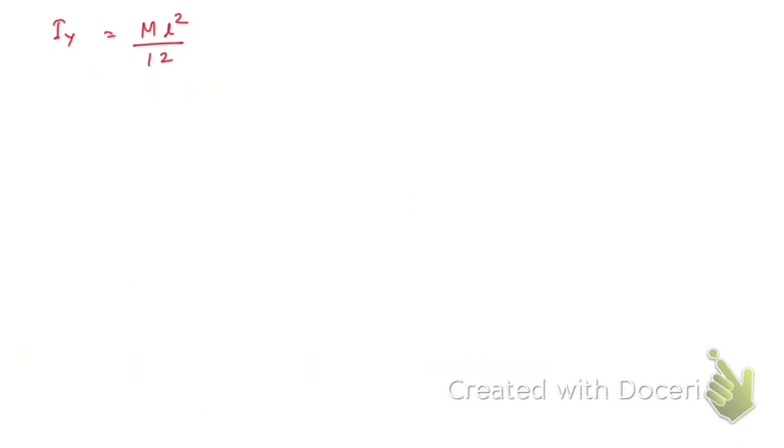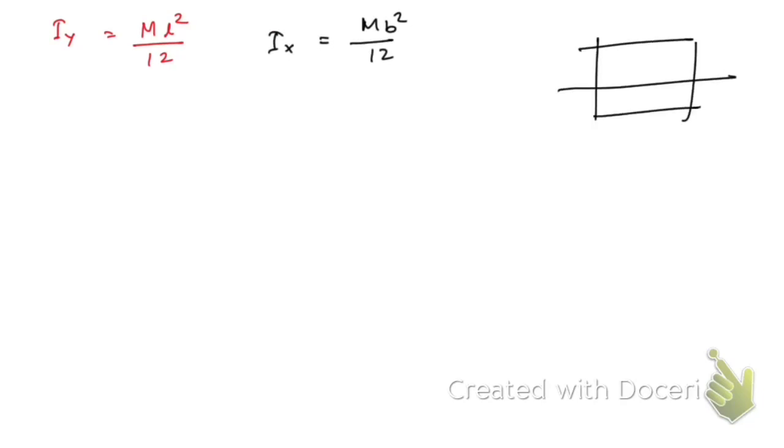So here is Ix. Now you see, this is a rectangular lamina, this is the x-axis, and suppose this is the y-axis.